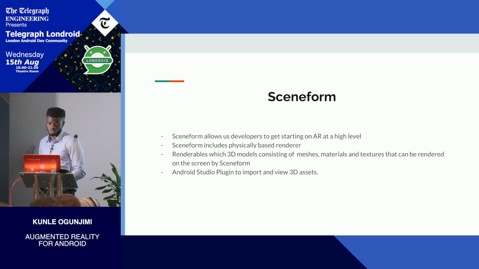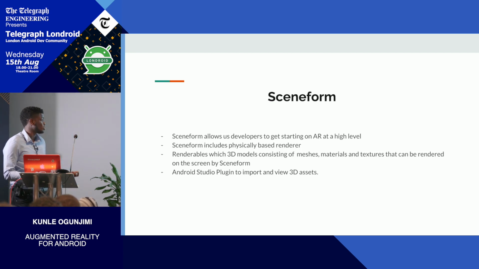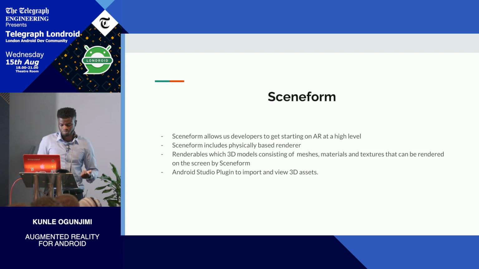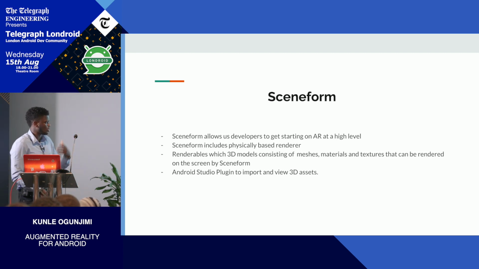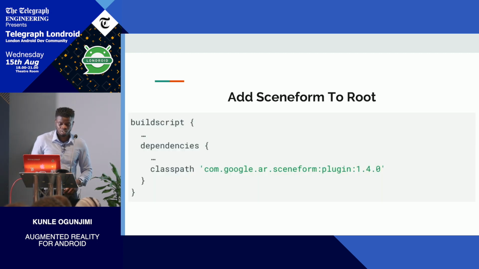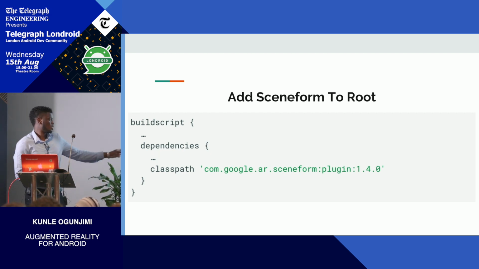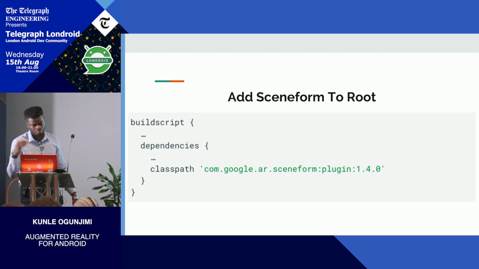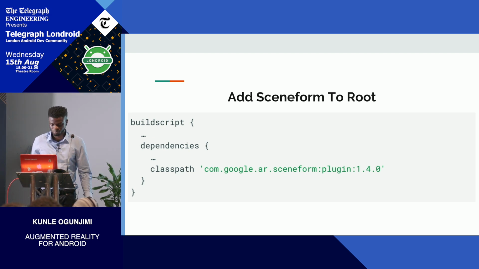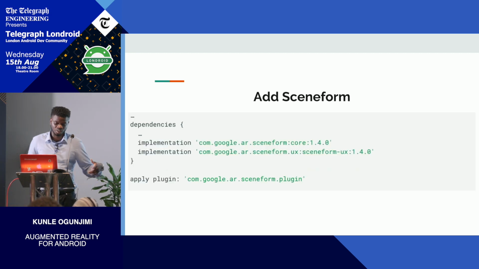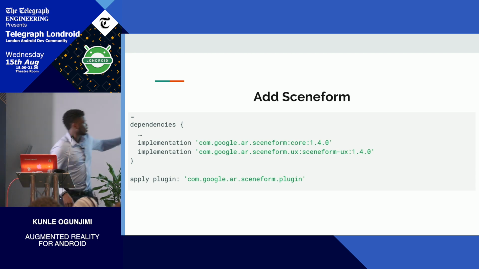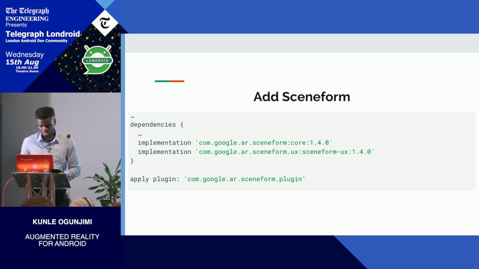It includes a physically based renderer, and it's a plugin on Android Studio that you can use to import your 3D renderables, which are essentially your 3D models: meshes, materials, textures, etc. Once you get the plugin on Android Studio, you put this into the root of your Gradle, then on your app Gradle you add the Sceneform library and the UX library, then the Google Sceneform plugin. Then you're ready to go.